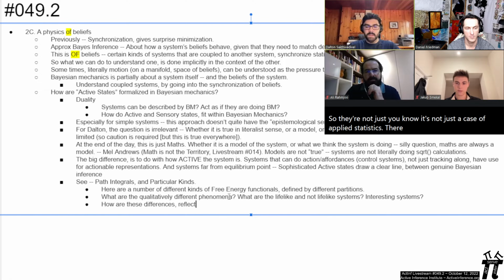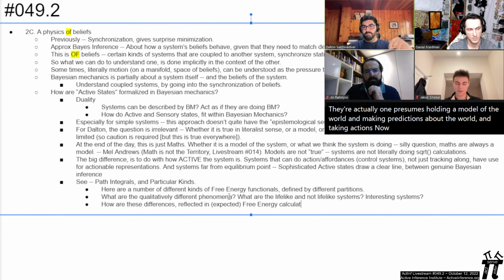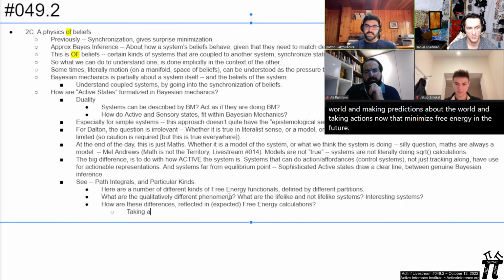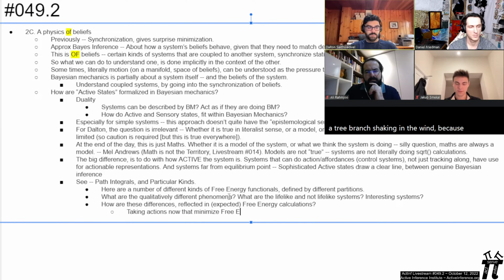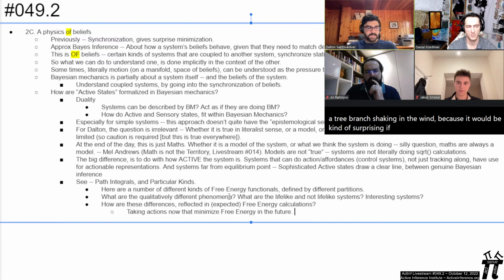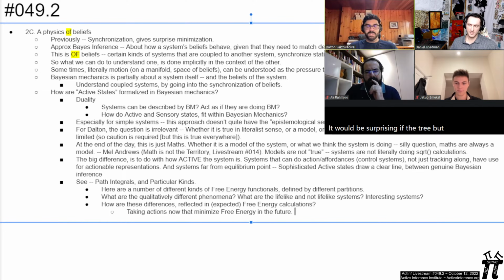They're actually, one presumes, holding a model of the world and making predictions about the world and taking actions now that minimize free energy in the future. So that's a bit more sophisticated than just a tree branch shaking in the wind, because it would be kind of surprising if it didn't. You know, that's a law of physics. It would be surprising if the tree branch didn't shake in the wind.